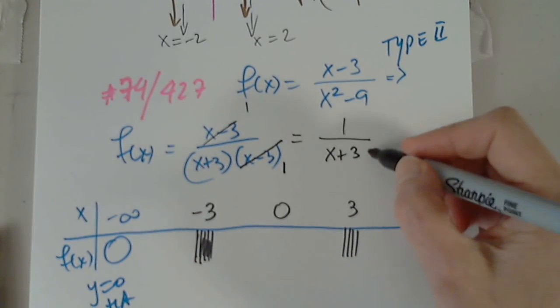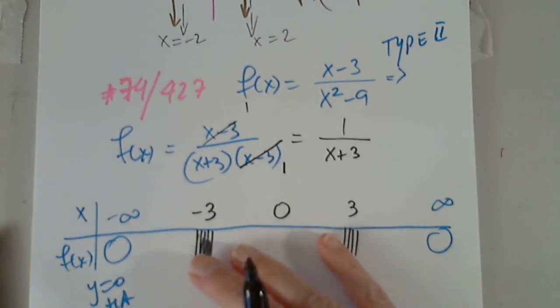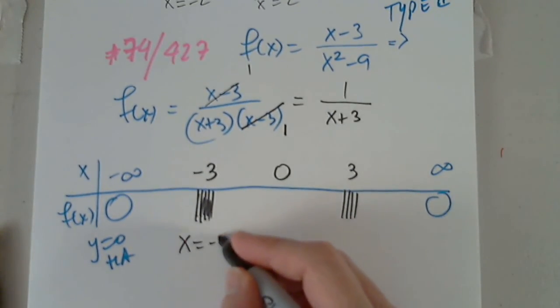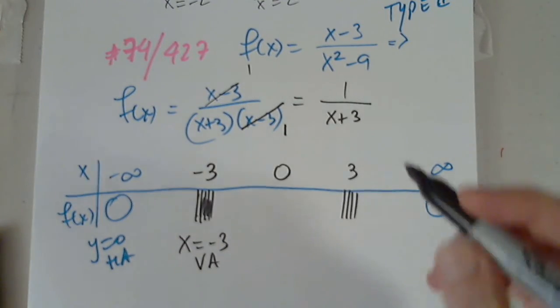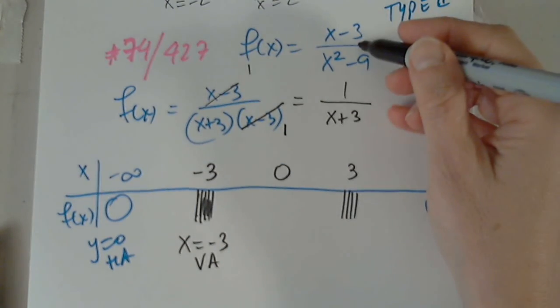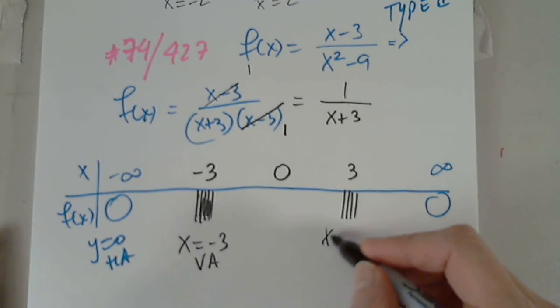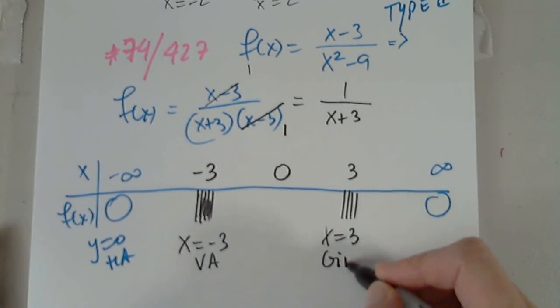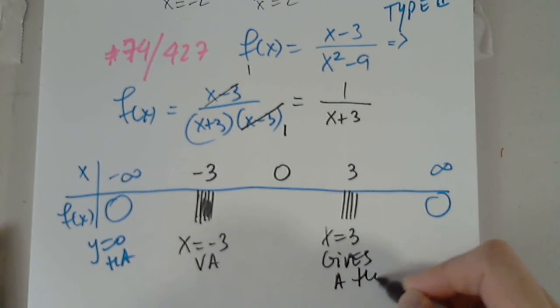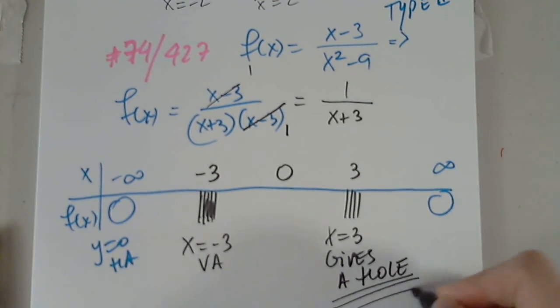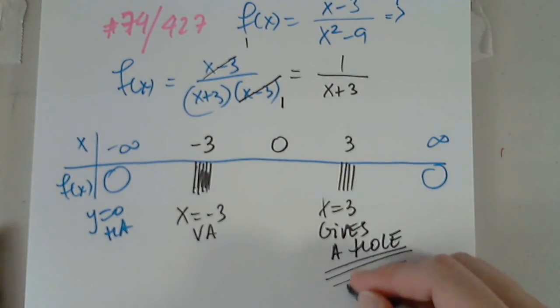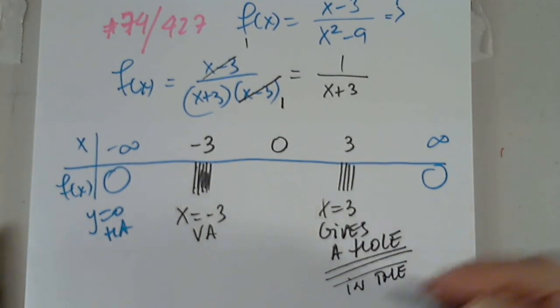This factor stays, which means it is a vertical asymptote. But this factor, although the function is not defined there, it's not a VA, but x equals 3 gives a hole in the graph.